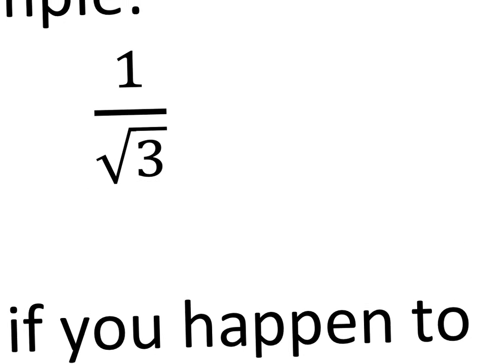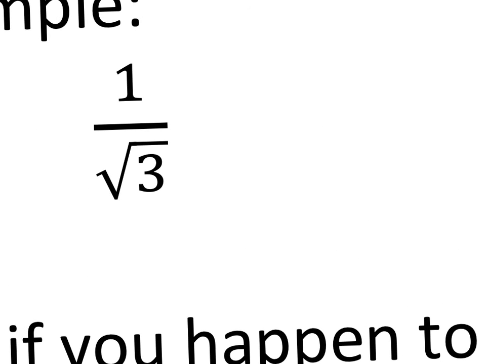So this problem, it's ridiculously simplified already. So let's pretend I was doing some problem and I get this as an answer, but I know I cannot leave my answer with a radical in the denominator. So I need to get rid of that square root of 3. How do you get rid of something? By doing the opposite. The opposite of a square root is squaring, which is multiplying it with itself.